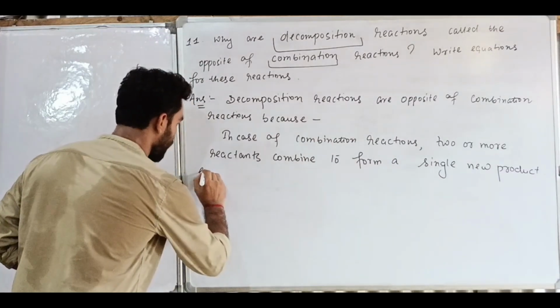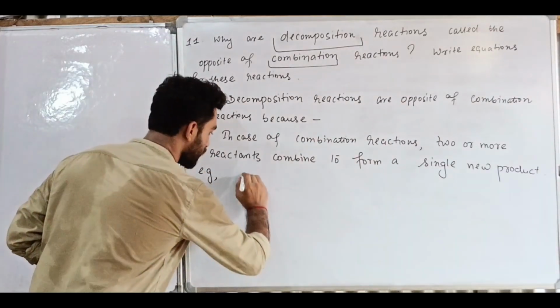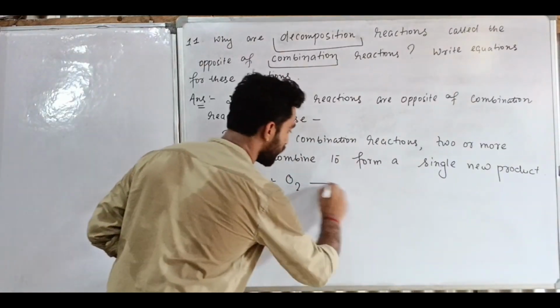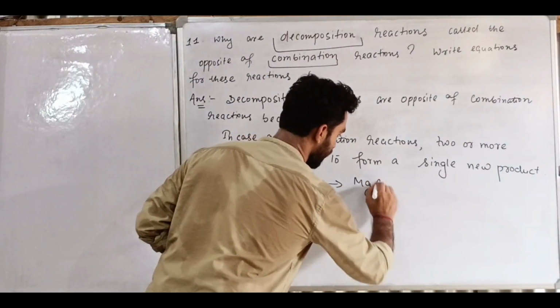So example of the combination reaction is magnesium reacts with oxygen, they form magnesium oxide.